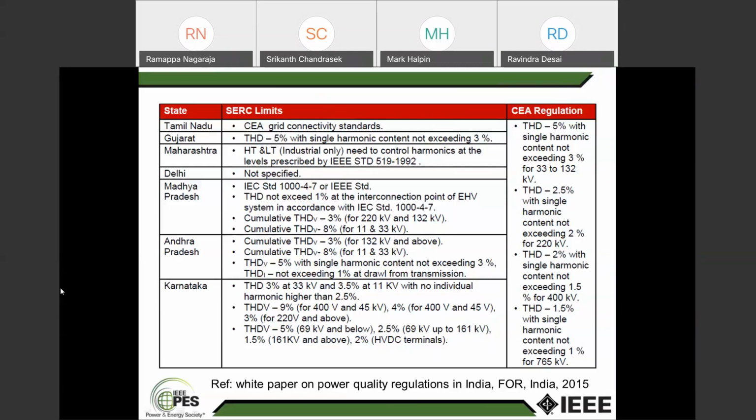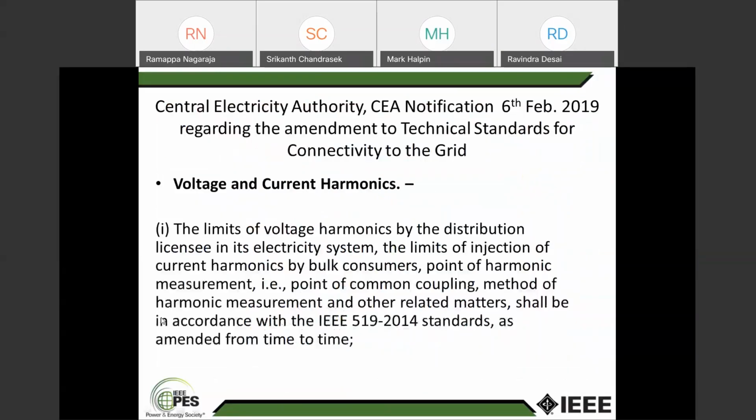Okay, thank you, Mark. Based upon that, the CEA, the Central Electricity Authority, in the 6th February 2019 amendment to the technical standard for connectivity to the grid code, talked about the voltage and also the current harmonics, and they have very clearly specified that the voltage and the current harmonics have to be as per the IEEE 519-2014 standard as amended from time to time.